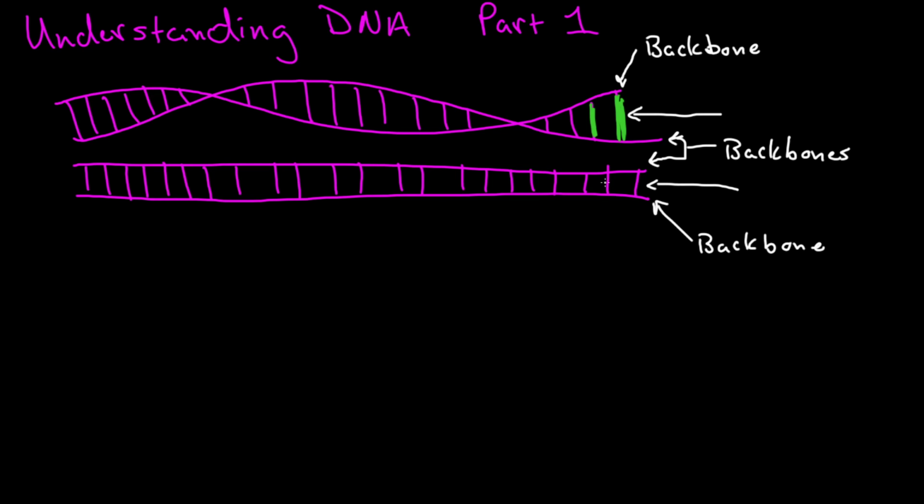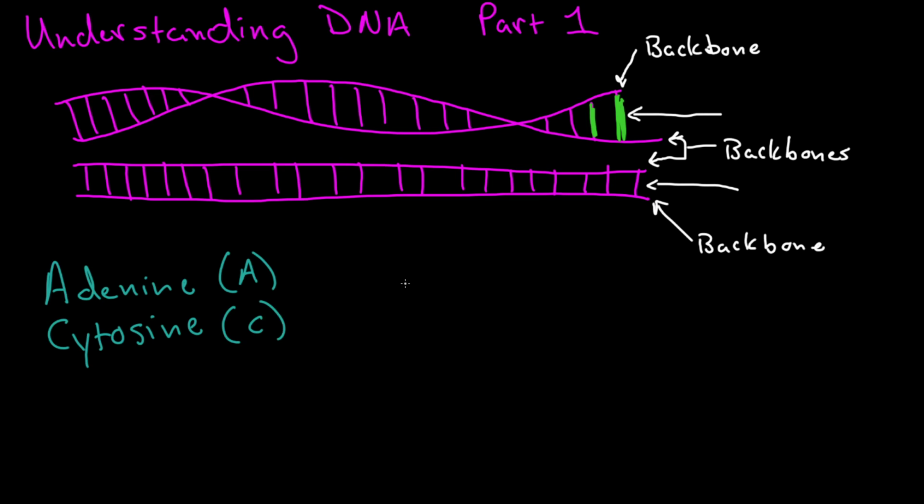Okay, and you will need to memorize these. So the first one is adenine. Excuse me, adenine. And we always represent it by the letter A. Next one is cytosine, and it is represented by the letter C. Then guanine, G. And then thymine is the last one.